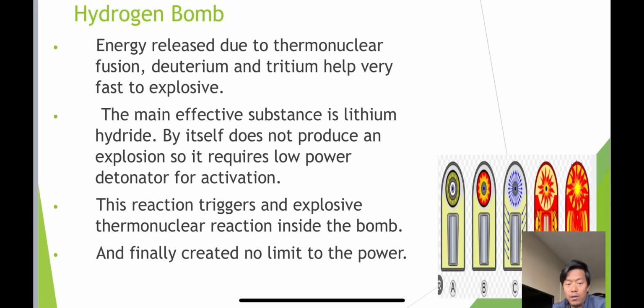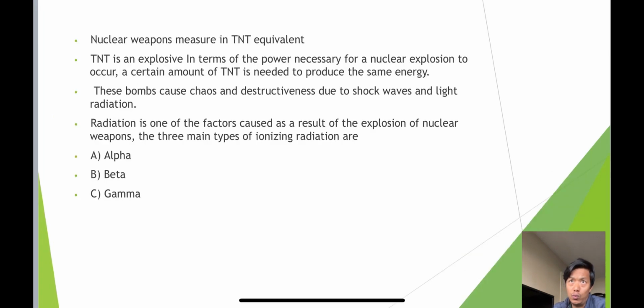So this is the hydrogen bomb, and I'm also going to talk about nuclear weapons measured in TNT equivalent. TNT is an explosive, used as a measure of the power of nuclear explosions. A certain amount of TNT is needed to produce the same energy. These bombs cause chaos and destruction through the shock wave and light radiation. Radiation is one of the factors caused as a result of the explosion of nuclear weapons, and the three main types of ionizing radiation are alpha, beta, and gamma.